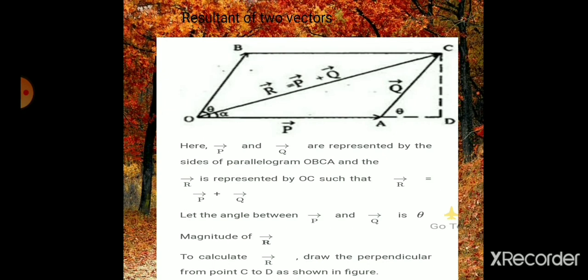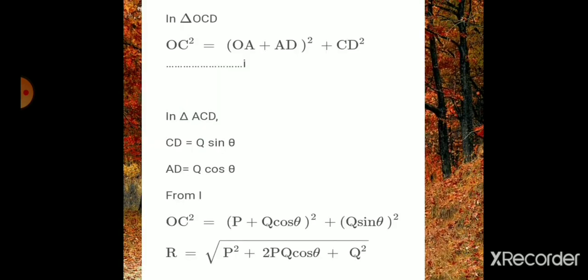To calculate the magnitude of R, draw a perpendicular from the point C to the point D as shown in the figure.